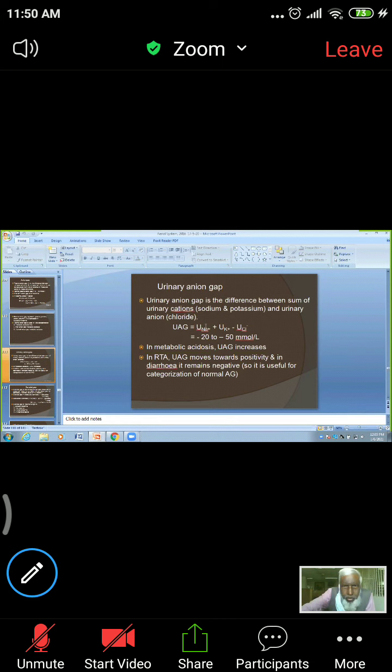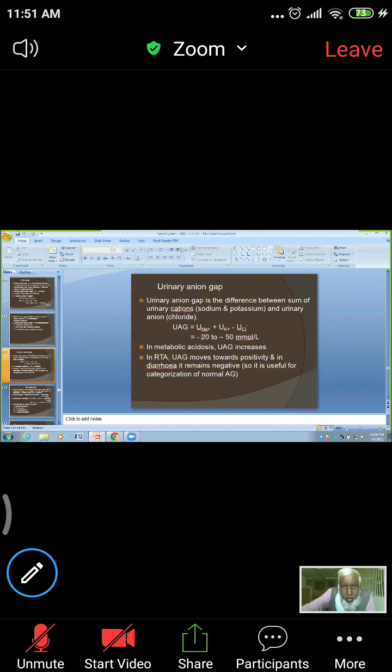Urinary anion gap definition: urinary anion gap is the difference between the sum of urinary cations and urinary anions. Is it clear? Urinary cations include sodium and potassium, and urinary anions include chloride.